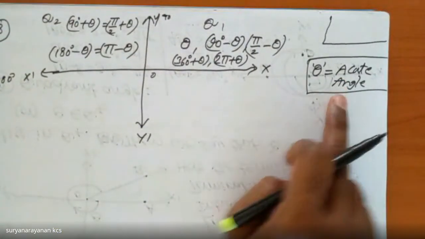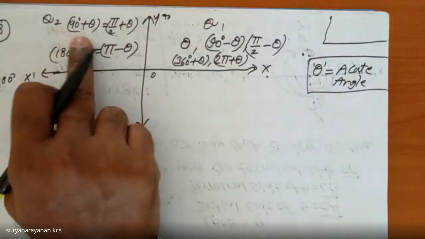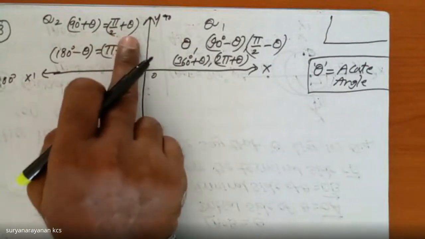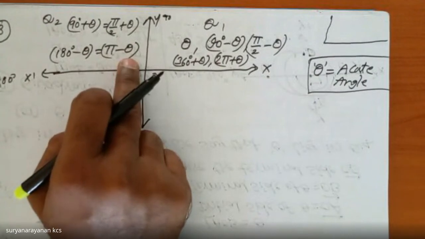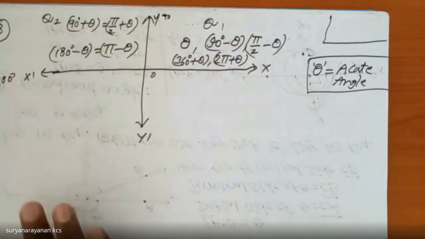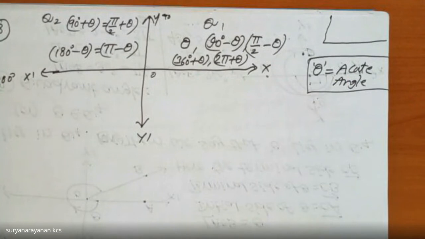If you get 90 plus theta or pi by 2 plus theta, 180 minus theta or pi minus theta, in which quadrant does this angle lie?